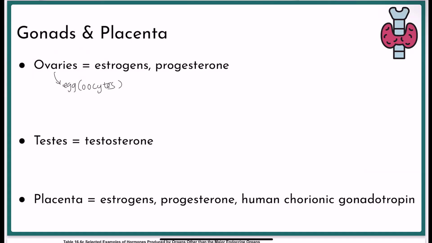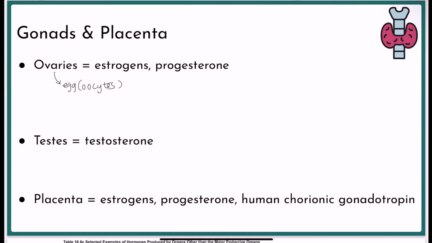But estrogens also contribute to the changing of the uterine lining during the menstrual cycle, how cyclical that is. There's also progesterone, which is a hormone that helps prepare the uterus for fertilized egg implantation during the menstrual cycle. Again, we'll circle back to this when we get to repro. And then lastly, the testes, the male gonads, and they live in the scrotum.